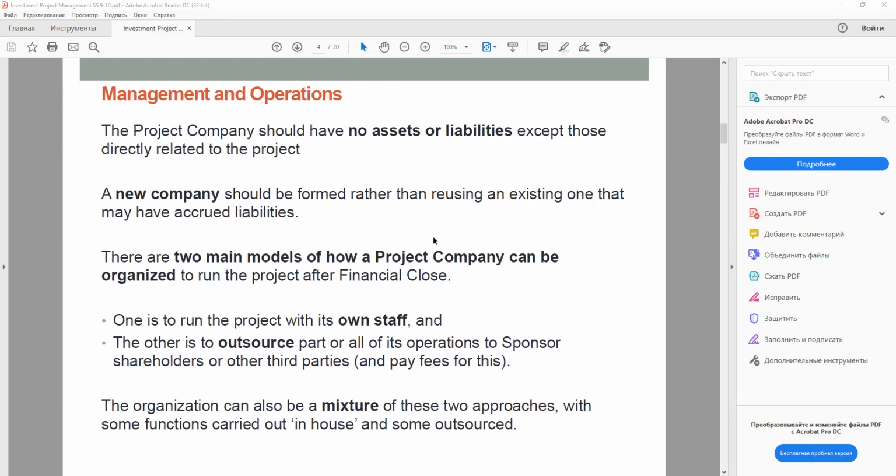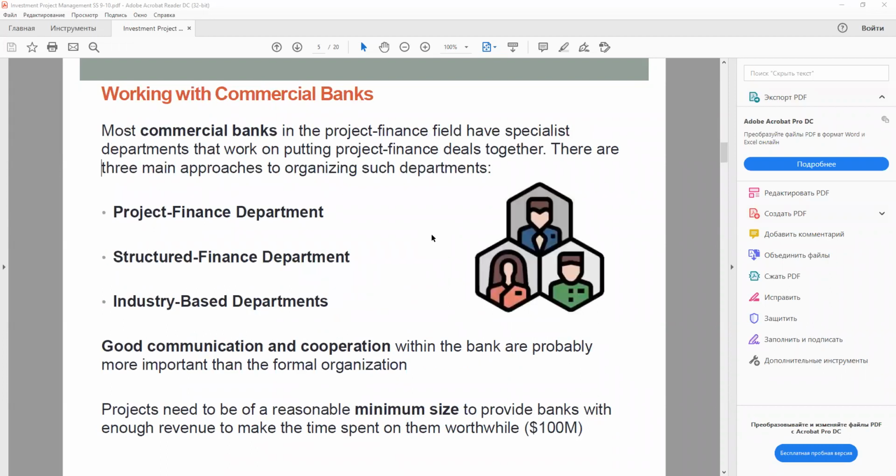And also we discussed the different roles the sponsors could take within the project company and how they can source the staff for the project company, and proceed to the topic about working with the main counterparty in the course of getting project finance. It is commercial banks, and today we'll start with a discussion about the structure of commercial banks, its departments, responsible parties, etc.